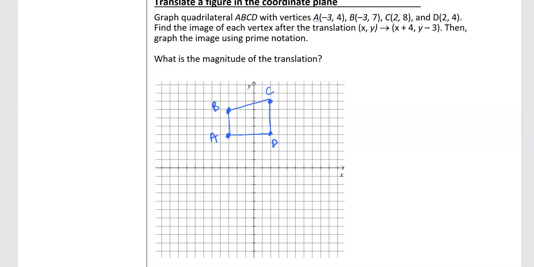So we are going to take this translation, and I'm going to start by rewriting my vertices vertically. I'm just going to recopy the 4 ordered pairs. Just on this first example, I want to show you one way to do this; there are 2 ways. One way to do it is just by plugging in the numbers.